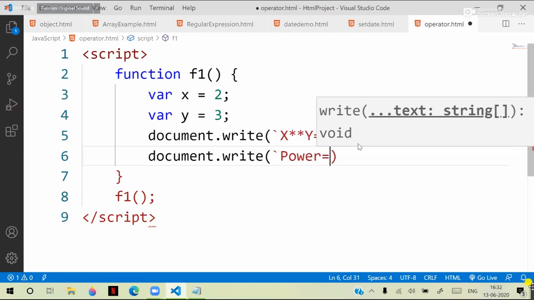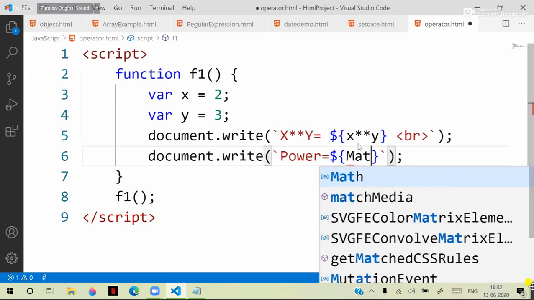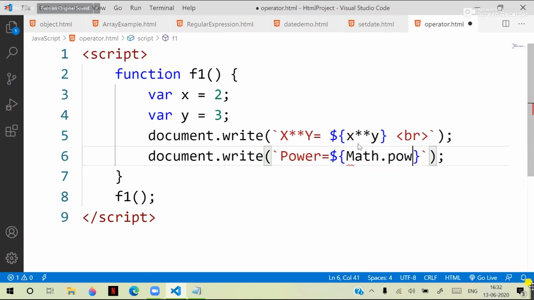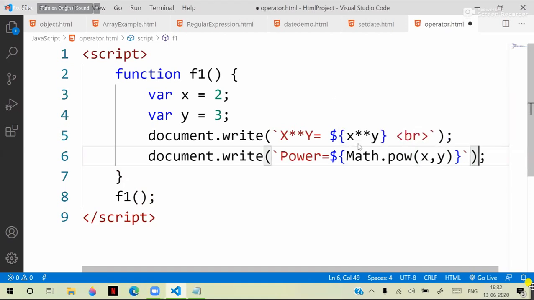Actually, in the older version of JavaScript, we have to use Math.pow(x, y), x to the power of y, like this. That is in old versions. Now in the new version, we have a special operator. Both are the same, right? Let's run this and see.